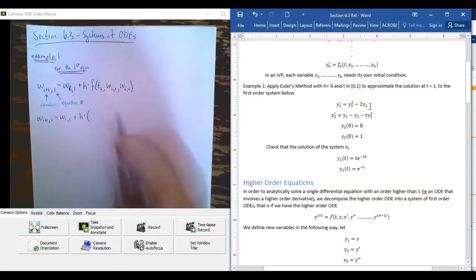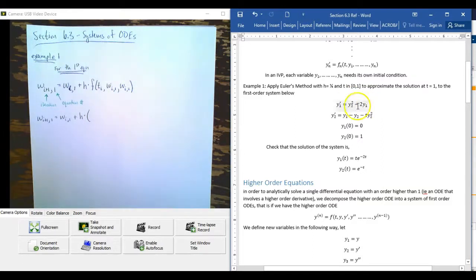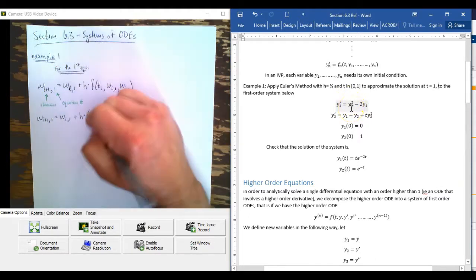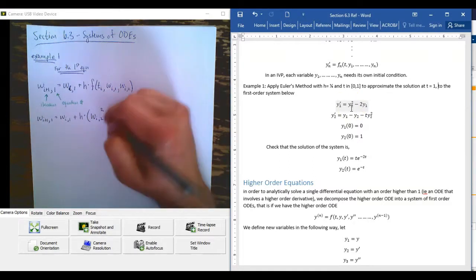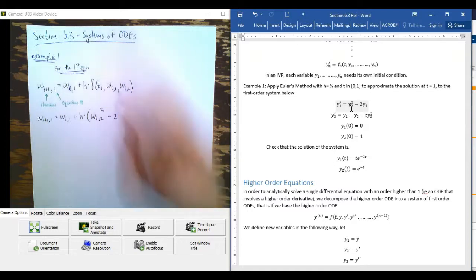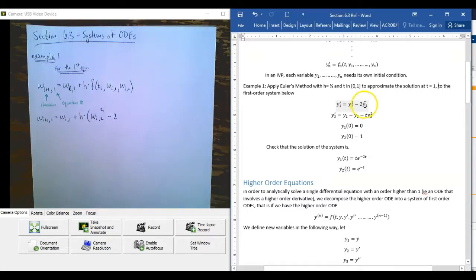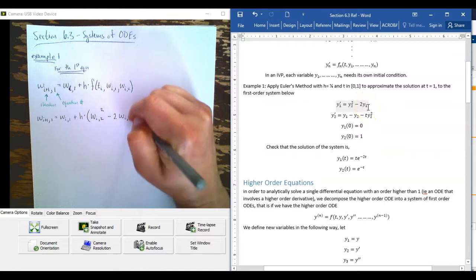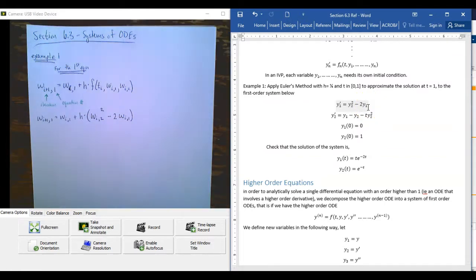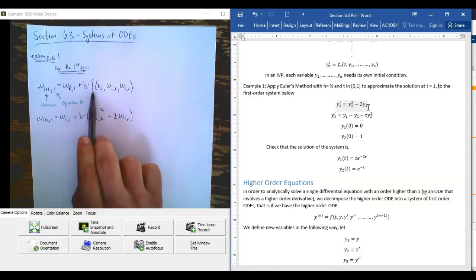So here we would have the previous approximation for the second function squared, minus 2 times the previous approximation for the first function. So this is specifically for our f.